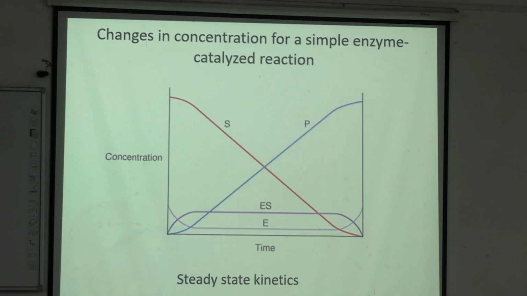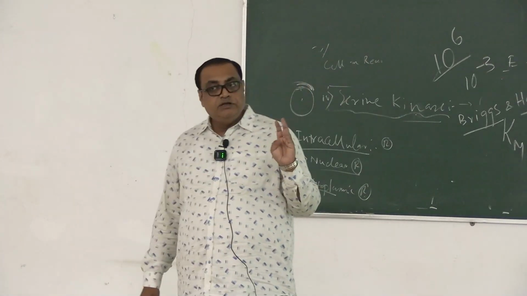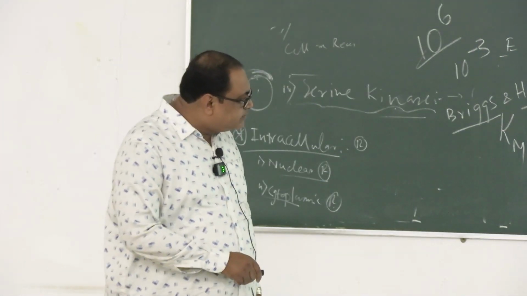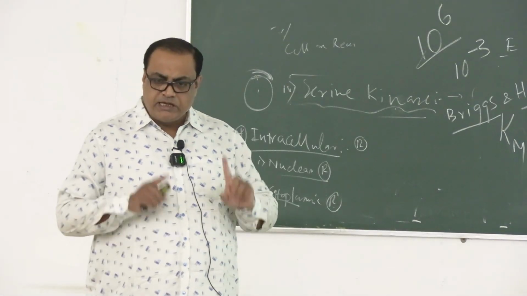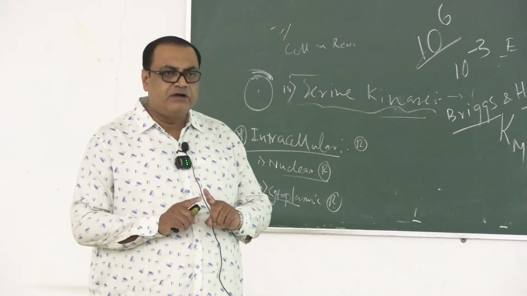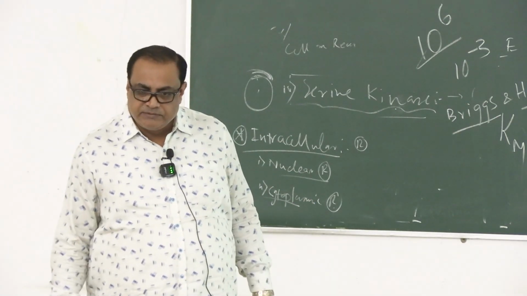You see what changes? Between these 2 points, ES complex concentration remains constant, free enzyme concentration remains constant. So, if you look at any point of time between this point and this point, what you will feel? No change in the concentration of ES, no change in the concentration of free enzyme. That means reaction is not taking place.